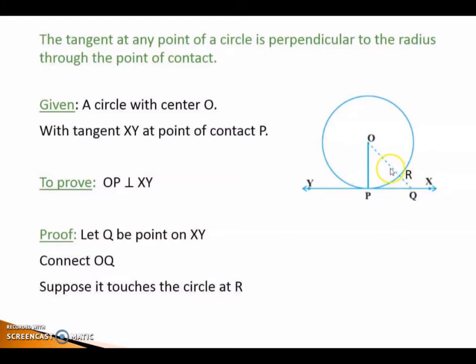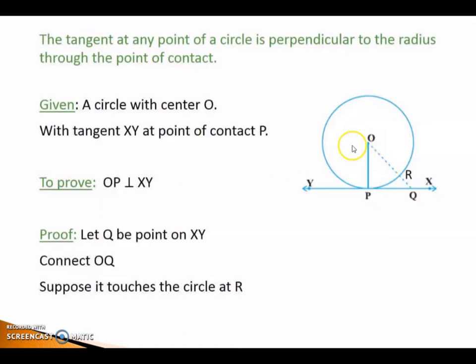And this point where OQ touches the circle, we are calling R. So we have taken any point Q on this tangent and we have joined the center to this point Q, and this OQ touches the circle at R. This is the construction. So by definition of perpendicular, it should be the shortest distance from O to XY.